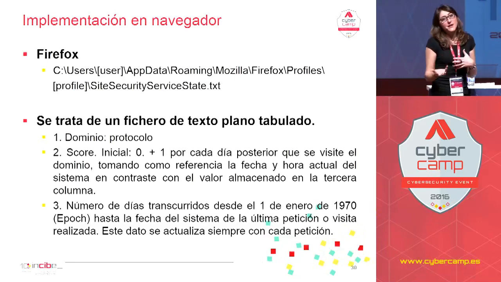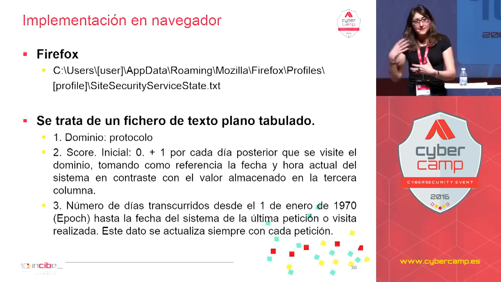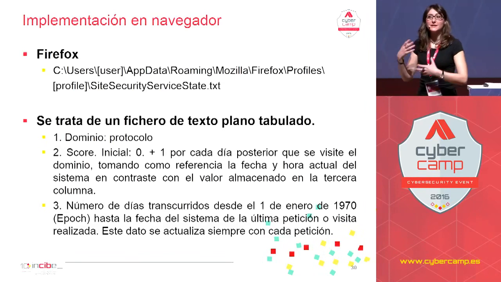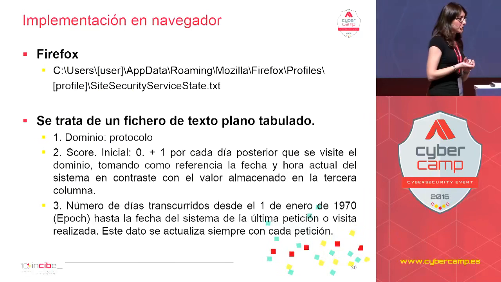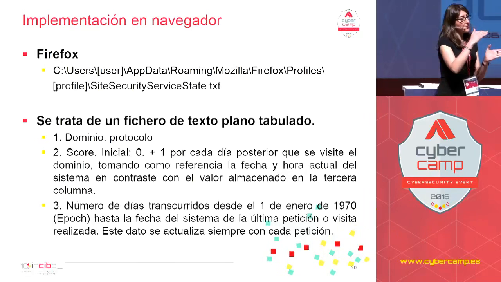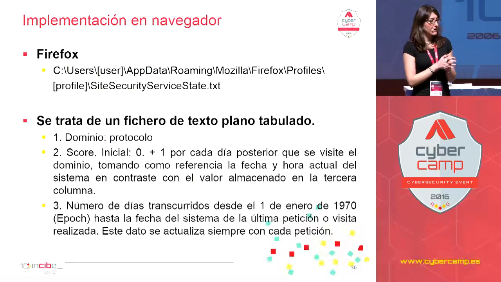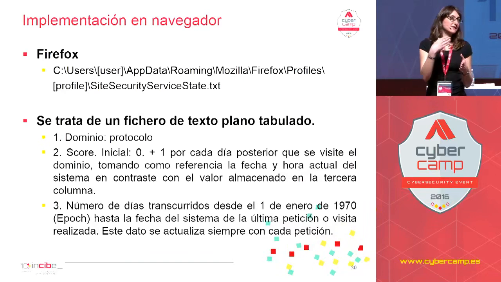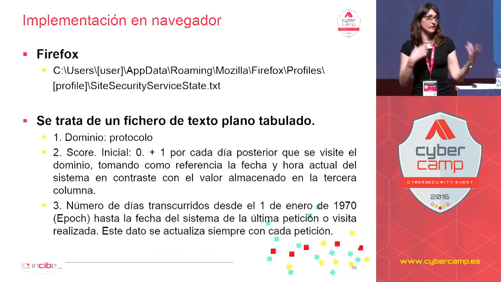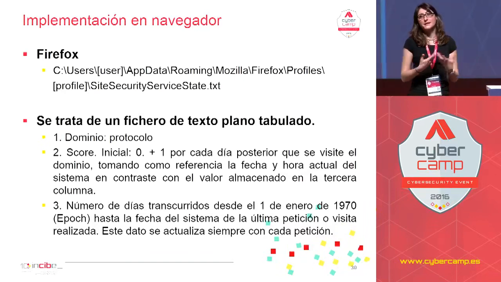And so it goes up 1 by 1. The higher the score, the more times this has been visited. So it has to do with browsing habits, right? To calculate this score value, there is a value in the third column that calculates the number of days passed since the starting value until now.